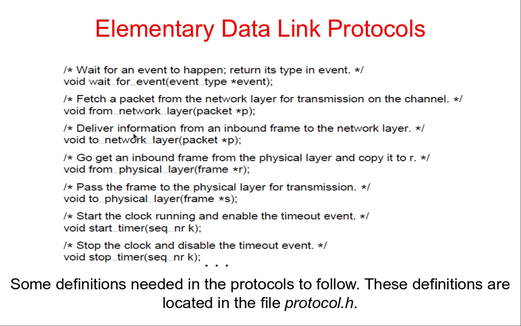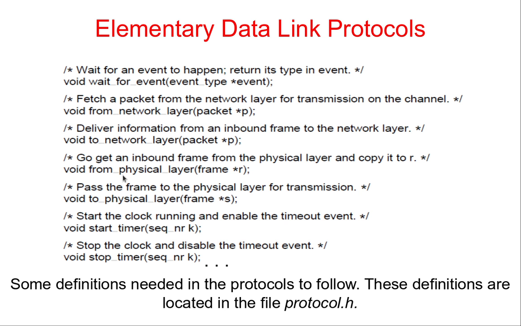At the receiver's data link layer, whatever packet has been composed out of the frame received has to be delivered to the network layer. So void to_network_layer with packet pointer p. Here the data link layer is supposed to give that packet to the network layer.